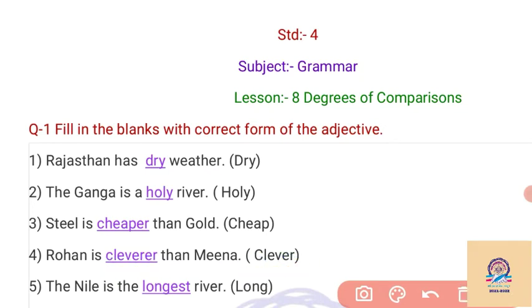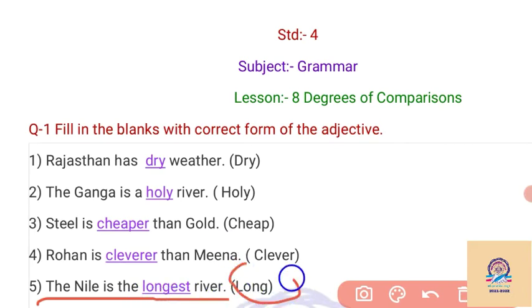Another important thing here: if than is given, then definitely it is the comparative degree. If than is given in a blank or in a sentence, we can say that the sentence is in the comparative degree. Then here, the Nile is the blank river.